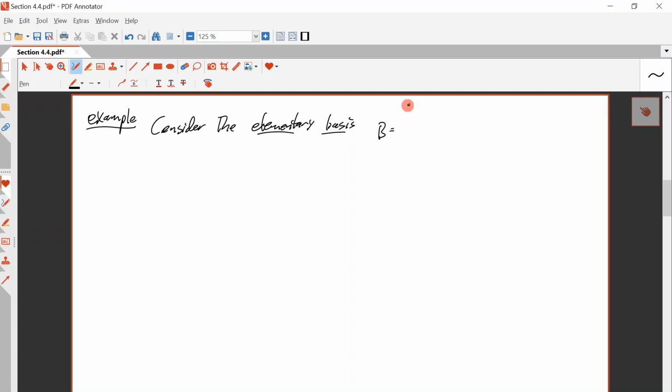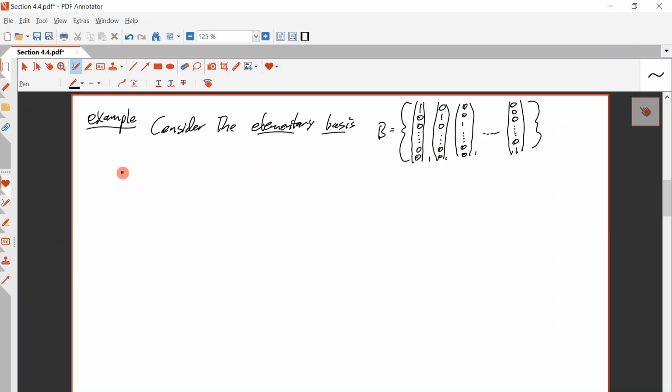B equal to 1, 0, 0; 0, 1, 0; 0, 0, 1, and so on.